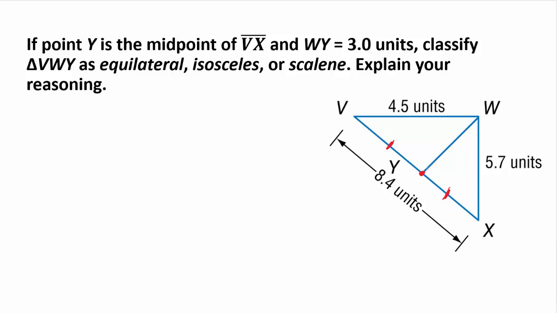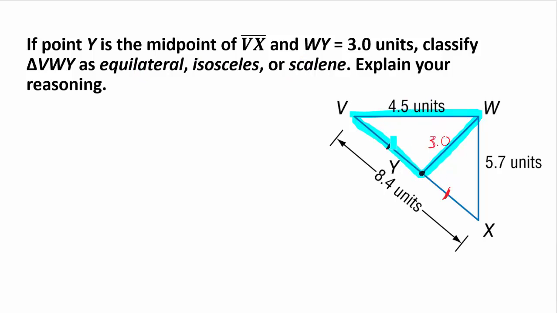Now, it also told us that 3.0 is the measure for WY. Let's go ahead and mark that in the figure there, 3.0. And now it's asking us if triangle VWY, that one there, is equilateral, isosceles, or scalene. Well, if you take a look at it, this one's 4.5 and this one's 3.0.